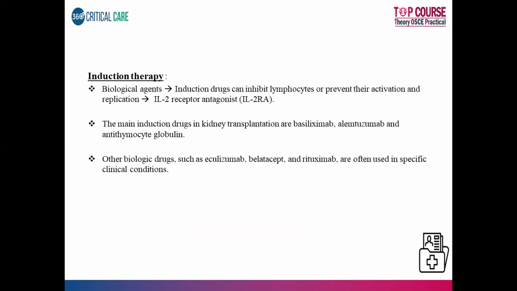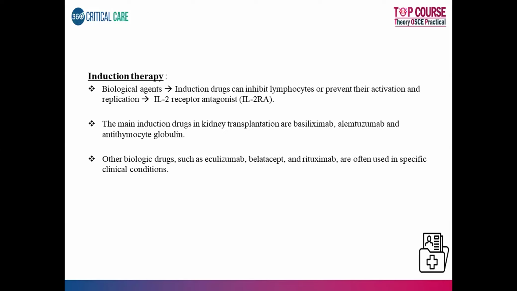I think most of the hospitals use the anti-thymoglobulin as the induction therapy. The most common induction agents in kidney transplant patients are basiliximab, alemtuzumab, and the ATG, that is the anti-thymocyte globulin. Other biological drugs would include eculizumab, belatacept, and rituximab, which are often used in specific clinical conditions.